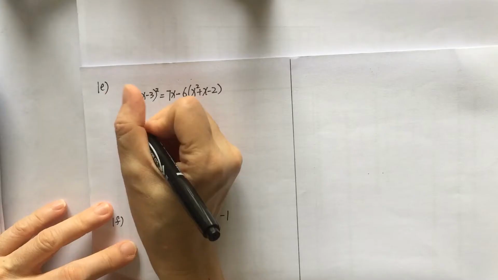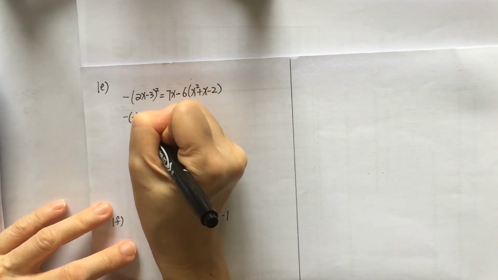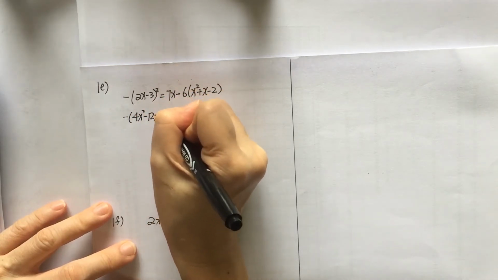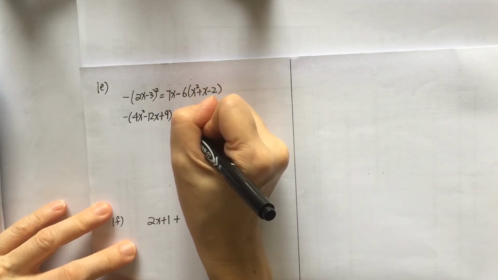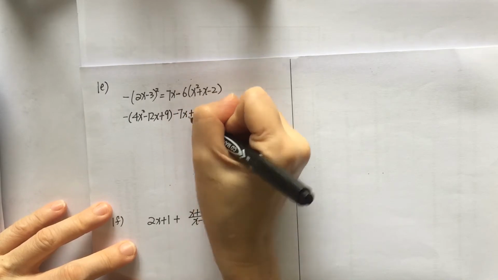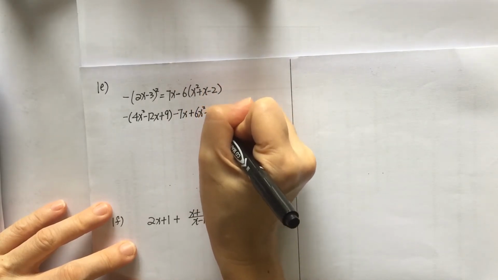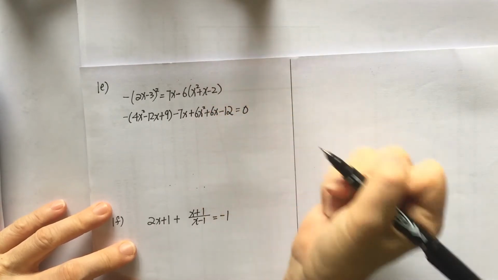Okay, 5 and 1 is a perfect square of 2x minus 3, so I'll get 4x squared minus 12x plus 9. And then this one I have minus 7x plus 6 multiply into each, so I have 6x squared plus 6x minus 12 equals to 0.